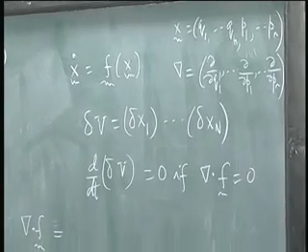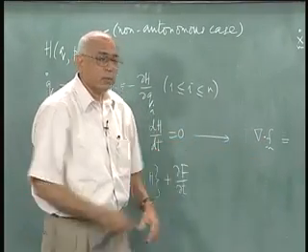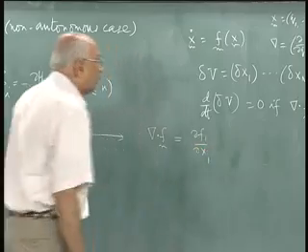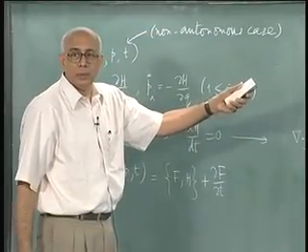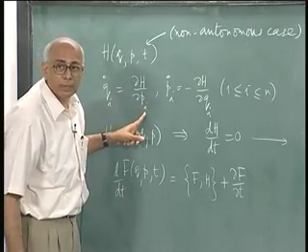Okay. Now what happens if I did del dot f? I must do delta f1 over delta x1. So the first term is delta f1 over delta x1, but x1 is q1 and f1 is delta h over delta p1.